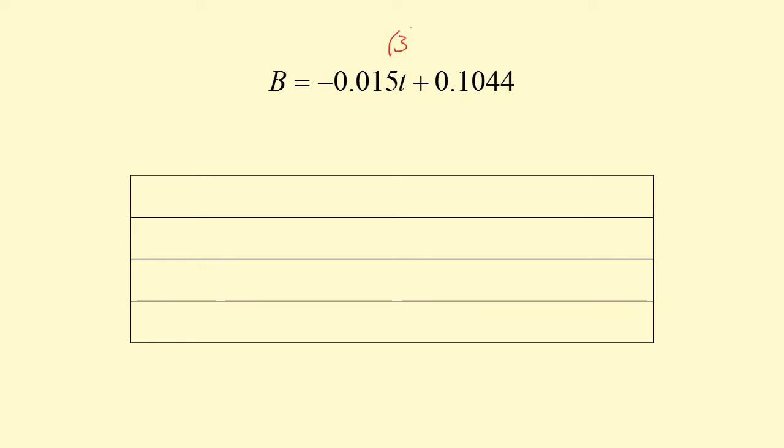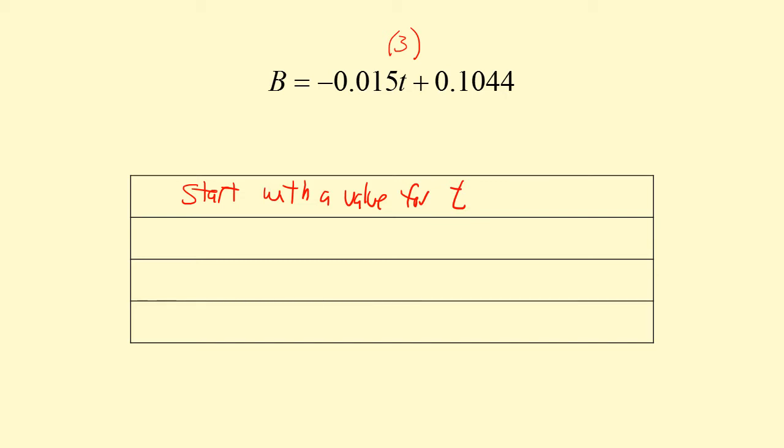That's one of the hour intervals we were asked to calculate. If we were going to calculate the B, what would the steps be that we would follow to get there? Well, the first thing we do is we're starting with a value for t. Okay, so that's the first step.